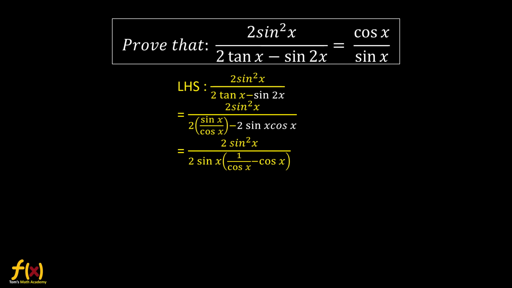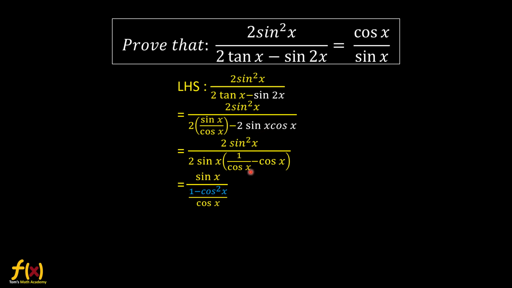Again, the bracket can be simplified, and 2 sin square x and 2 sin x in the denominator can be simplified. 2 and 2 will be cancelled. Sin square x divided by sin x will leave sin x in the numerator.